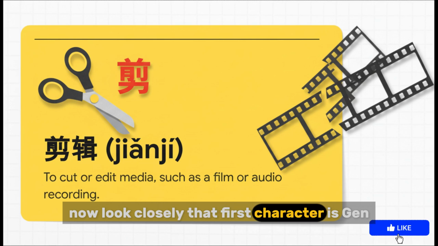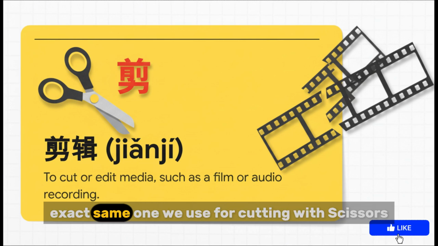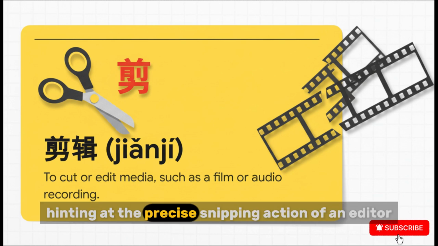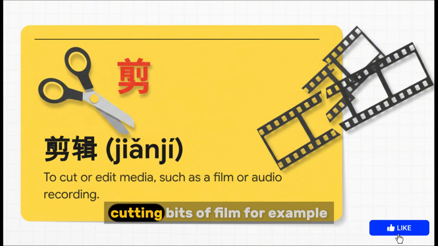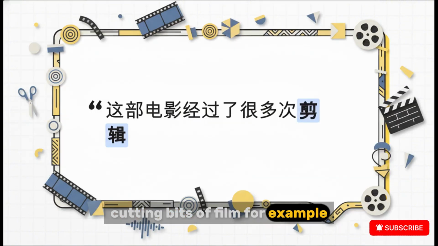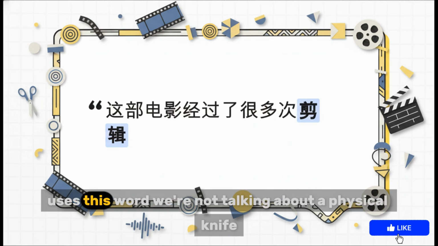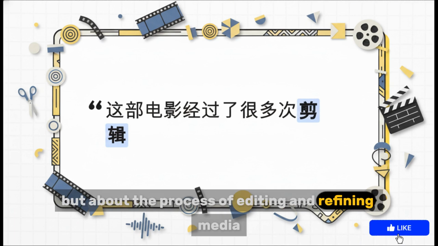That first character is jian. Exact same one we use for cutting with scissors. It's this amazing little linguistic echo, hinting at the precise snipping action of an editor cutting bits of film. For example, a sentence like, this movie has been cut multiple times, uses this word. We're not talking about a physical knife, but about the process of editing and refining media.